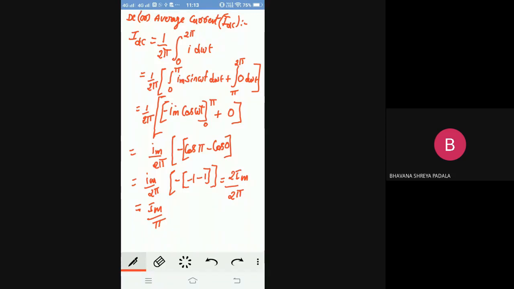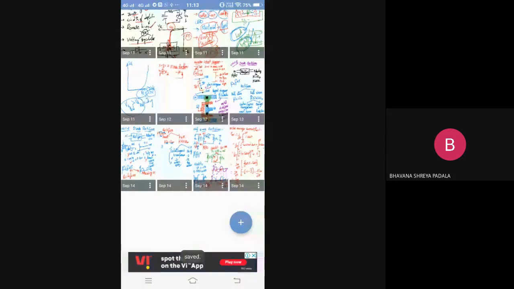Next, I will derive the equation for DC or average voltage. It is represented with V_DC.